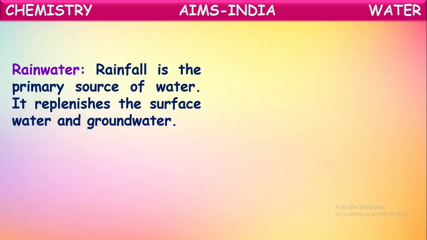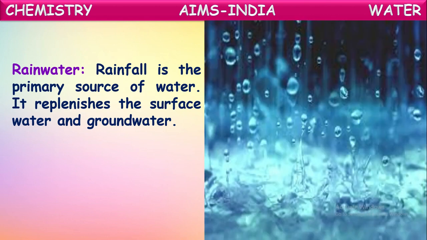One more is rainwater. It is also one of the important sources of water. Rainfall is actually a primary source of water. It replenishes the surface water and groundwater. It will be continuously replenishing the surface water and groundwater because we get rain seasonally.